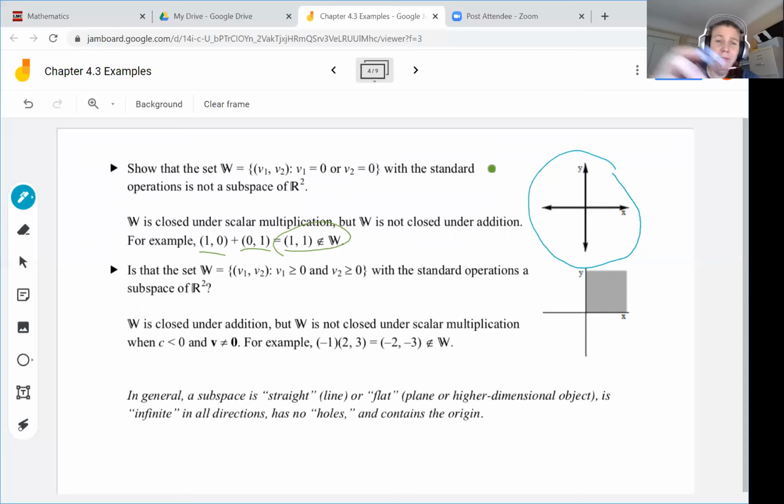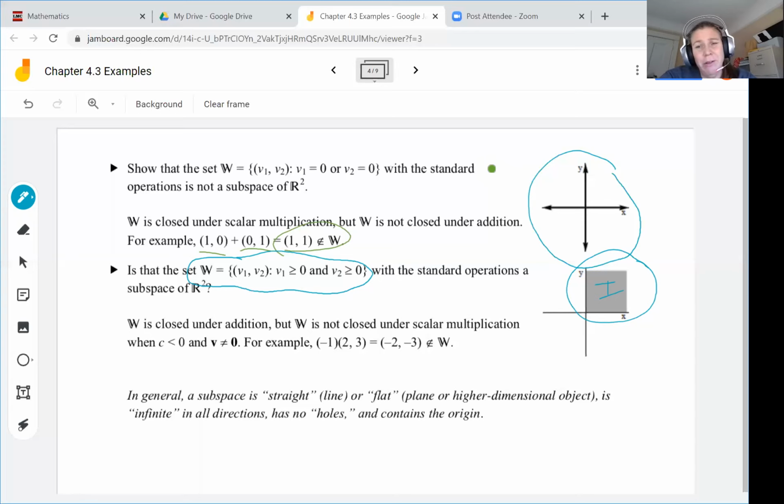Okay, so now we're going to investigate the set where W equals the ordered pairs V1 and V2, where they're both positive. So that's what we think about as the first quadrant, shaded over here in the diagram. So is that set with the standard operations a subspace of R2? So this is closed under addition. If you add something in the first quadrant, positive values to positive values, you're going to stay positive.